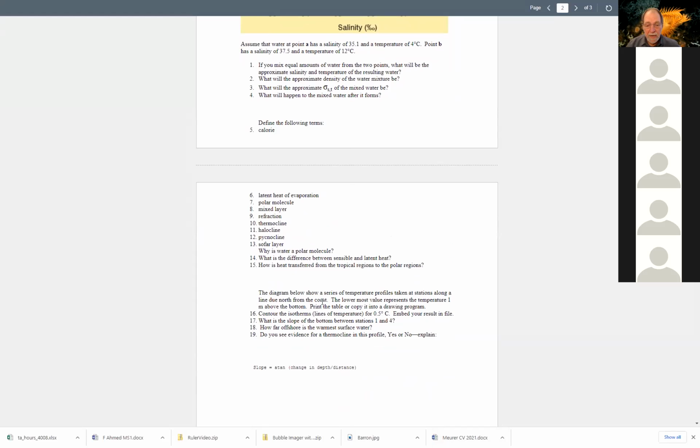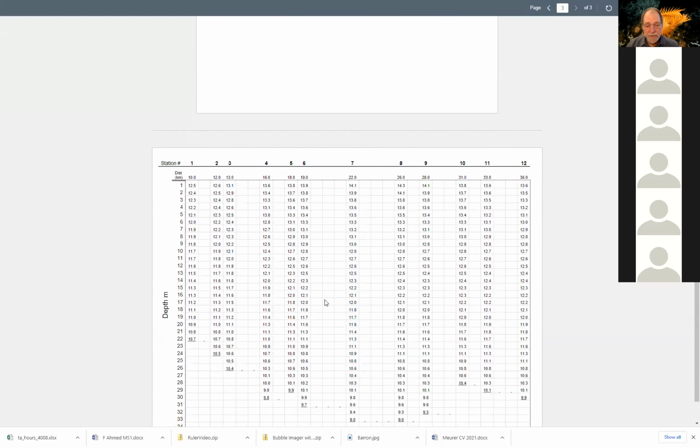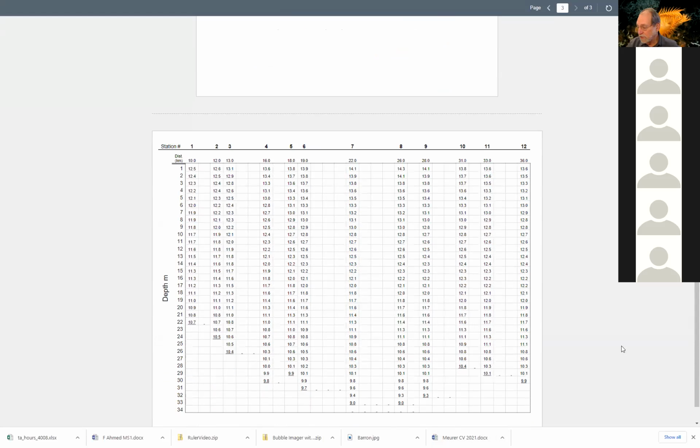Okay. And then I asked you to go to this diagram and do the contours of this diagram. Well, let me try to do that. Show you how this works on the screen, make sure everybody's got the contouring question together.